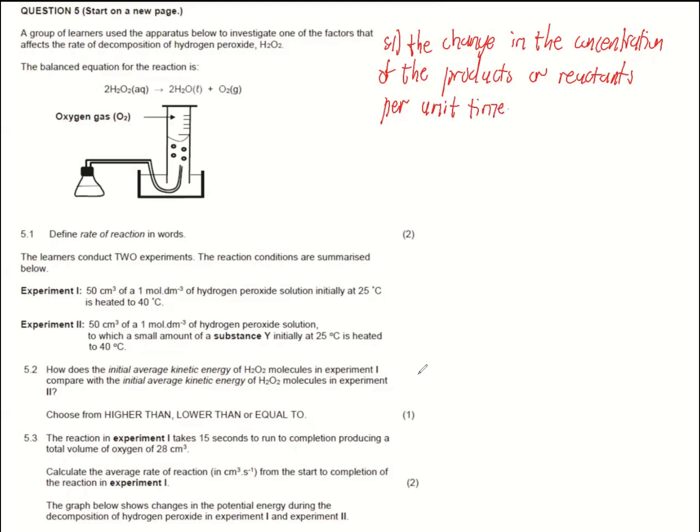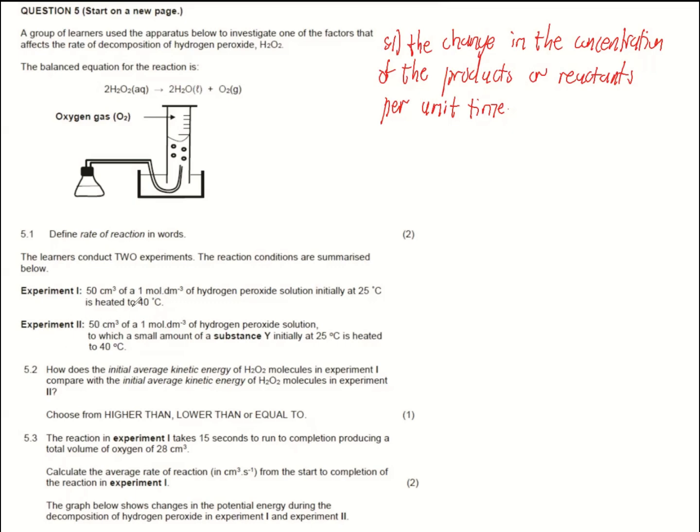Right. Okay. Then the learners conduct 2 experiments. The reaction conditions are summarized below. Experiment 1, we have 50 cm³ of a 1 mol·dm⁻³ hydrogen peroxide solution, initially at 25 degrees Celsius and is heated to 40 degrees Celsius.